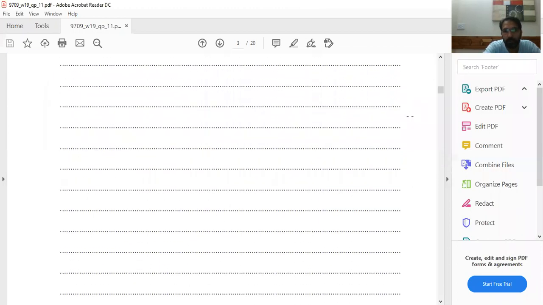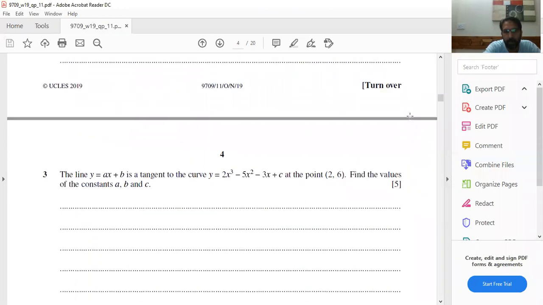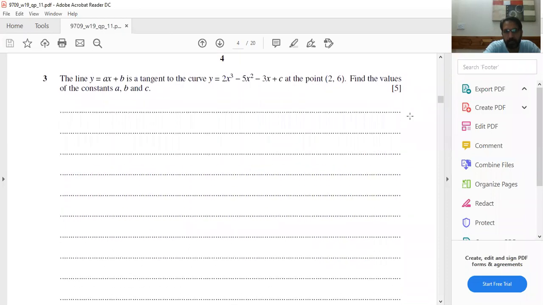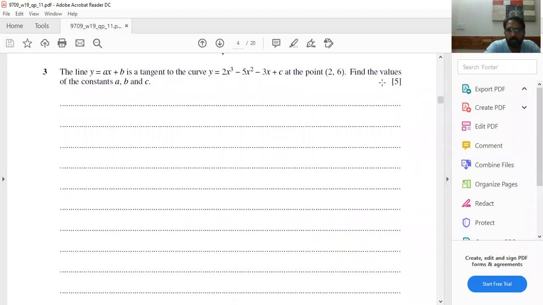And question number 3 says, the line y = ax + b is a tangent to the curve this at the point (2, 6). Since it is a tangent, we know dy/dx gives us the gradient of the tangent. So let's find the derivative of this curve, which is 6x² − 10x − 3.